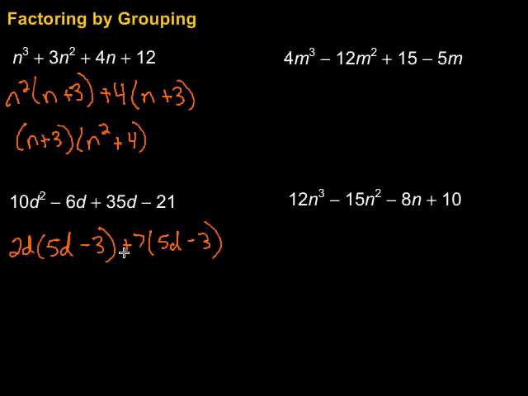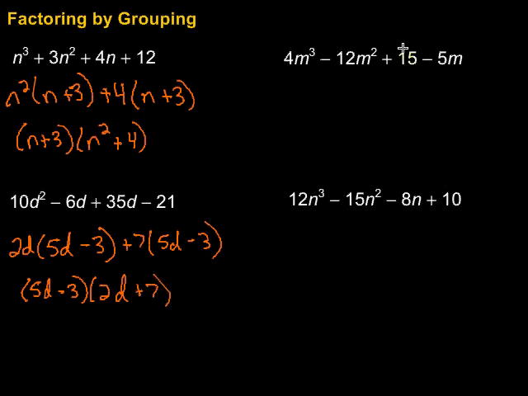We've got this 5d minus 3 in both of our products here. So I'm going to pull that out front. So we have 5d minus 3. Then what's going to be left here if I divide by 5d minus 3? Well, it's going to be a 2d. And then this piece, again, dividing by 5d minus 3, I'm left with plus 7.